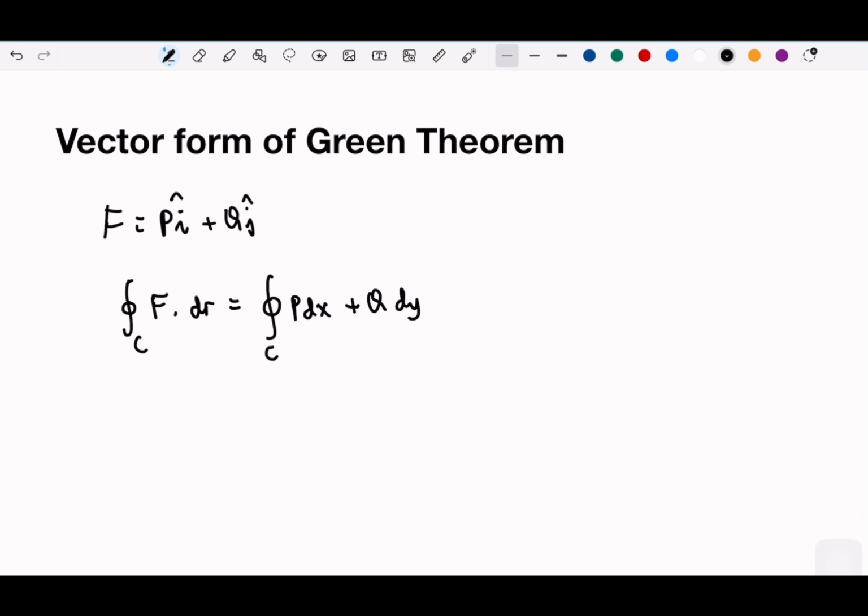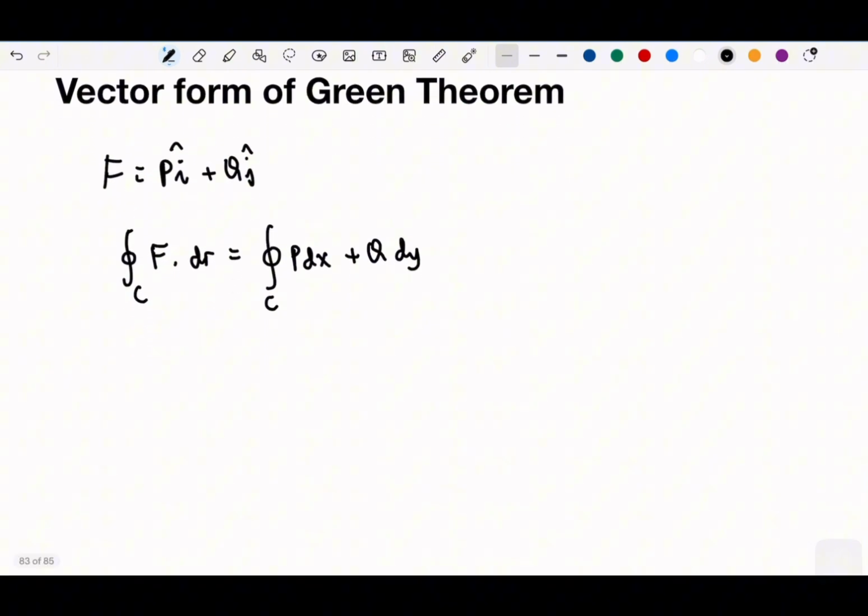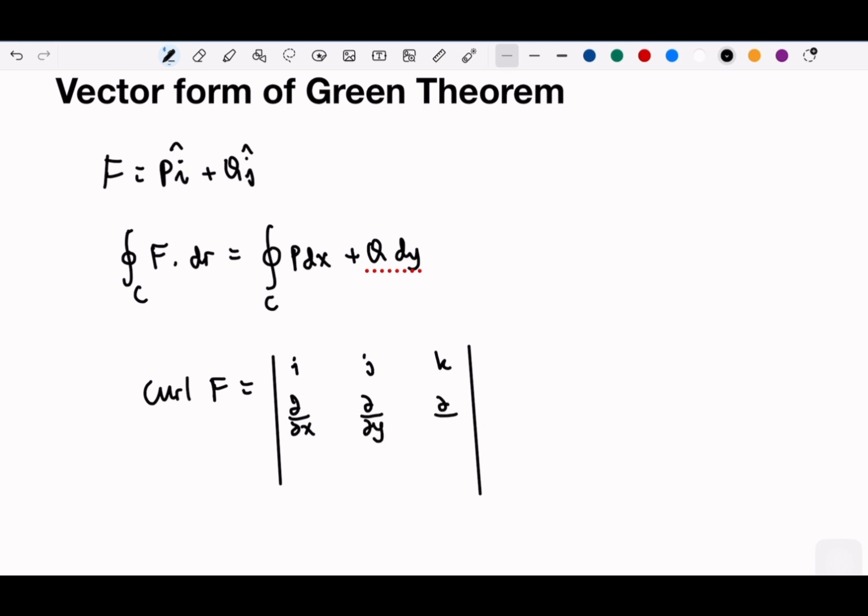And if we write the curl for the two variables, we are going to let R equal 0. Okay, so if we take the curl f, sorry, we are still taking this as 3-dimensional with R being 0. So this is P, Q, and this is 0.